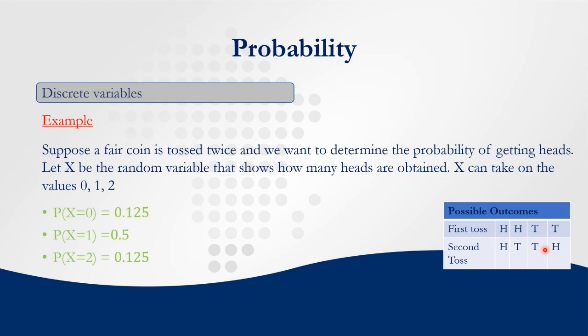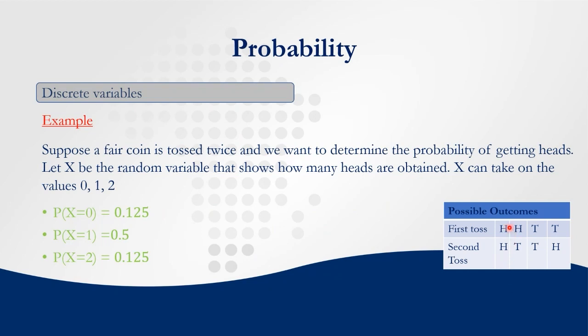And then I'm looking at the number of heads as my random variable here, my X. So X can take, if I look at this, either 0 heads, which is this case, right? Or it lands on 1 head or 2 heads.